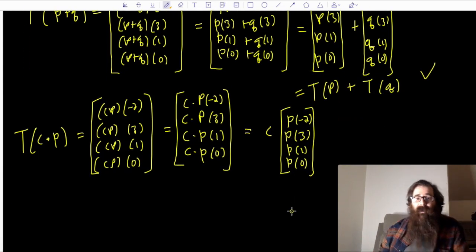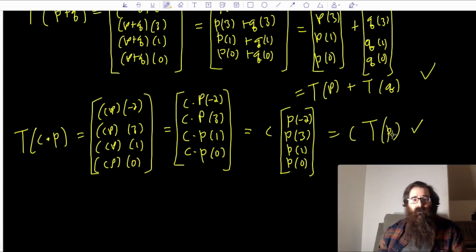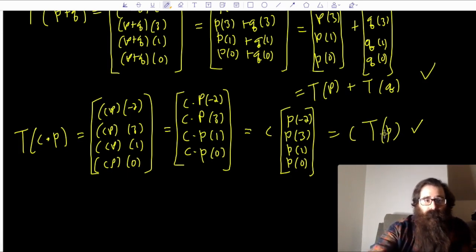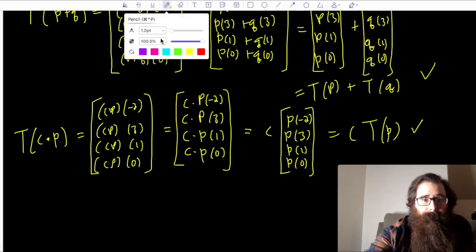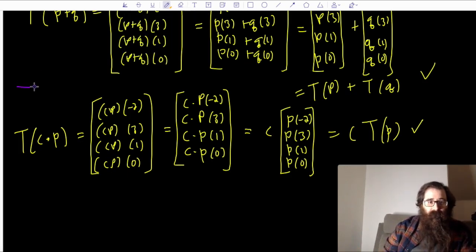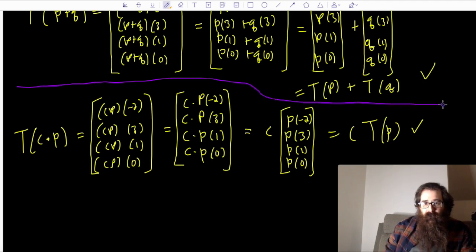And by definition, this is c times my transformation T applied on polynomial p. So I have that second property for linearity. Let's get the purple. Because things got a little messy here, this separates those 2 properties.